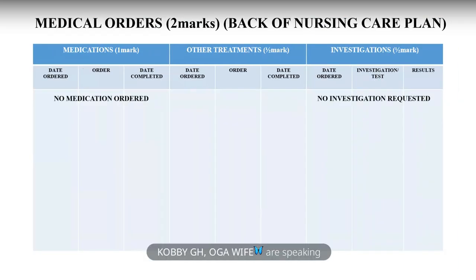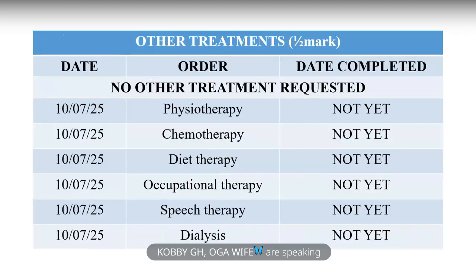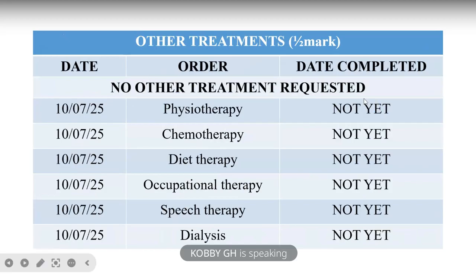On this slide, I'm telling you the range of things that can be written at the other treatments. So you see, I've bolded the no other treatment. If you wrote no other treatment requested, that is the only thing we should see there. You can't write no other treatment requested and come and write physiotherapy, chemotherapy, diet therapy. No. But I've given you the range.